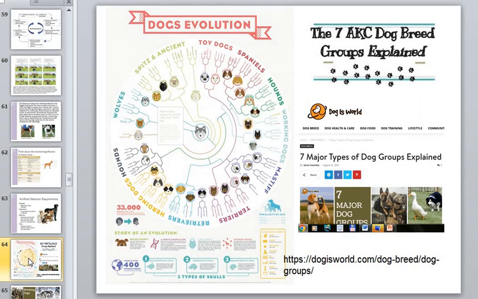It takes a long time, and here we can find the different breeds of dogs and the 7 major types of dog groups explained.